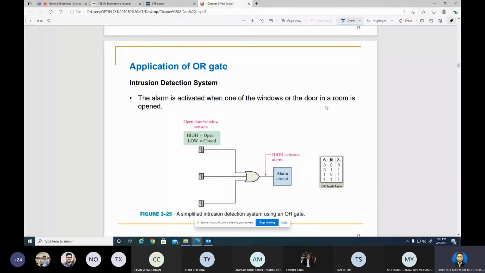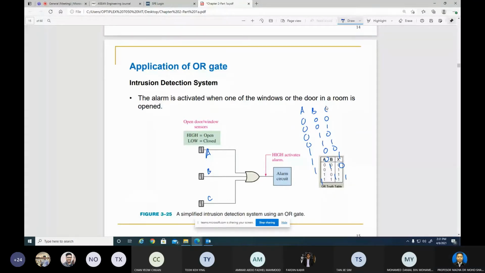For example, we can declare any inputs here: A, B, C. So we have the truth table here, A, B, C. We have 8 possibilities, 1, 2, 3, 4, 5, 6, 7, 8.